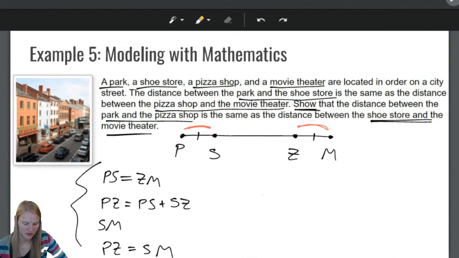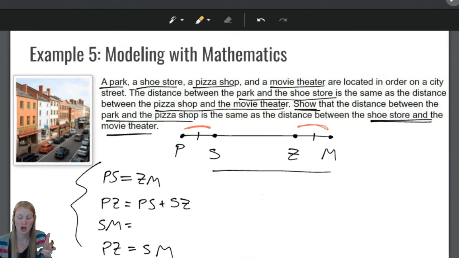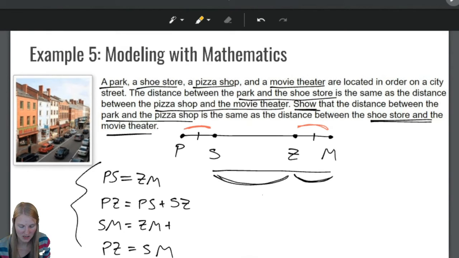So let's work with this SM. What do I know about SM? Well, I know the same thing. I can do the segment addition postulate again. SM is ZM plus SZ. Oh ho ho, look at that. I have two SZs here. Okay, okay.